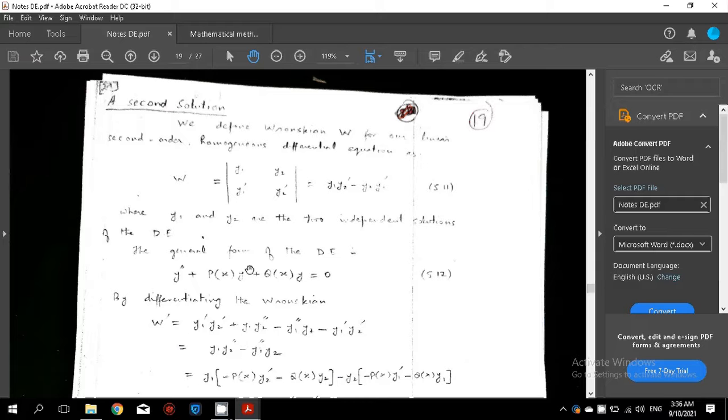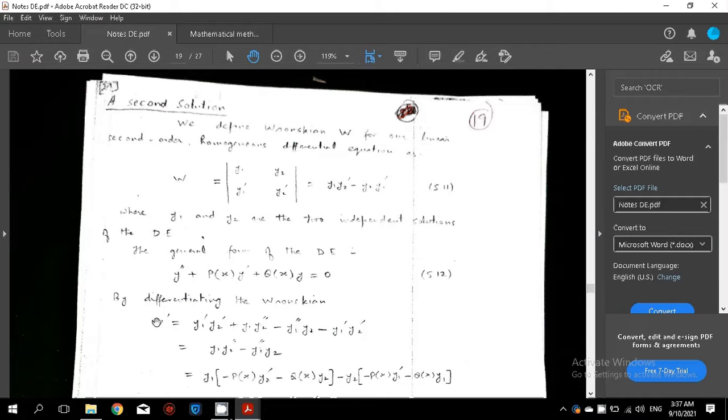Okay, first of all we will calculate the Wronskian, which is the determinant of y1, y2, y1 dash, y2 dash, and this is equal to y1 y2 dash minus y2 into y1 dash, equation 5.1. And this is the equation we want to solve to get the second solution, provided the first solution is given.